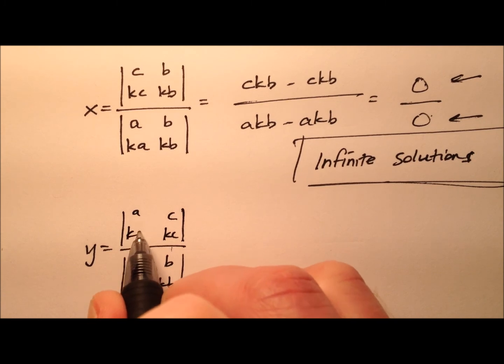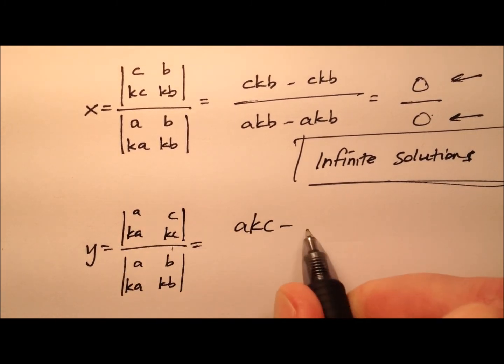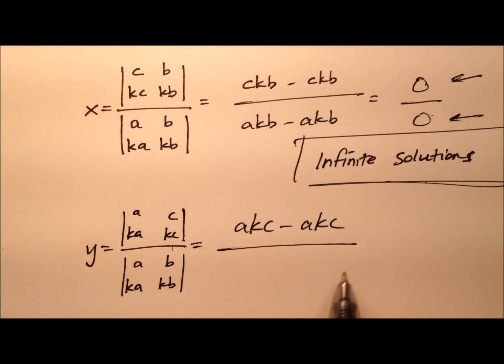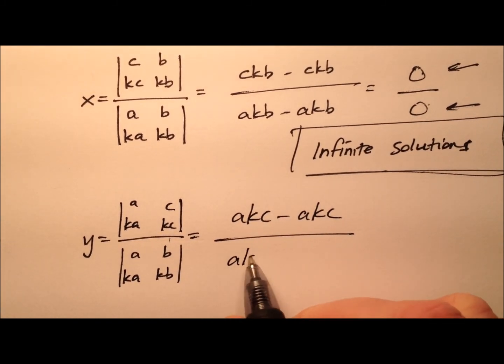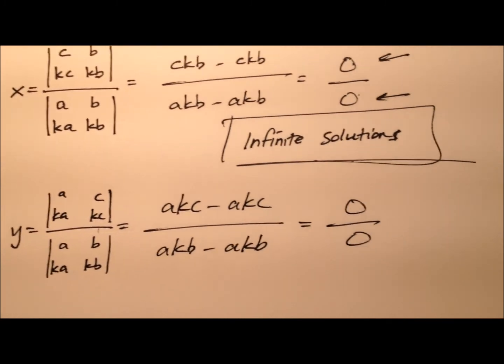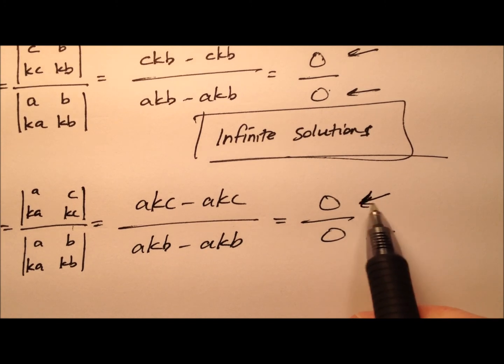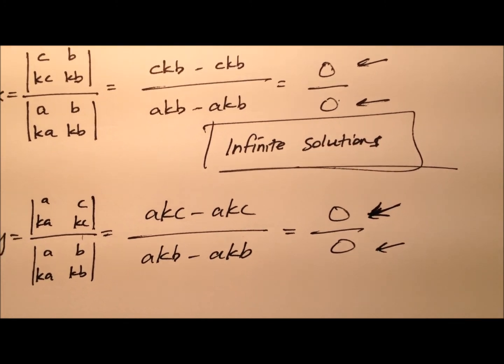So here's a and ka. So akc minus akc all over akb minus akb. 0 over 0 again, you'll notice again division by 0, but our numerator is 0 as well.